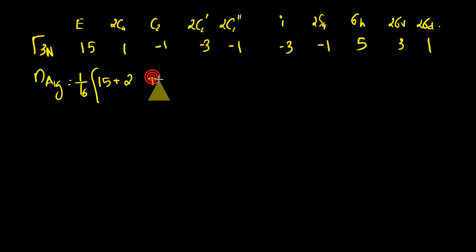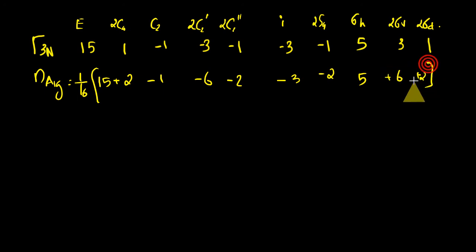So 1 into 15, 15, plus 2 into 1 is equal to 2, plus minus 1, so let me write minus 1 here. Then minus 6, then minus 2, then minus 3, then minus 2, then 5, plus 6 plus 2.